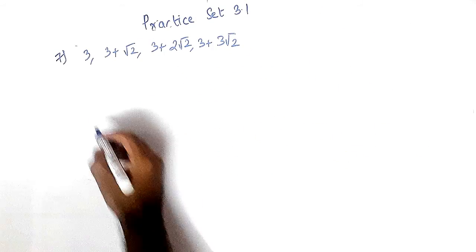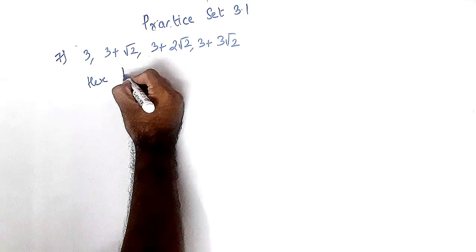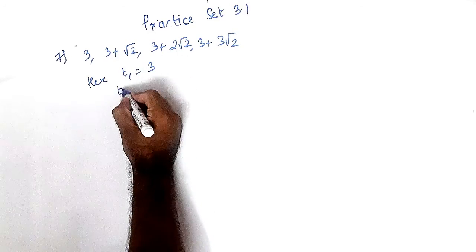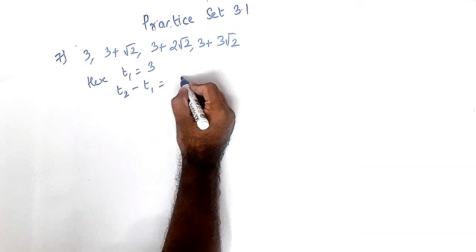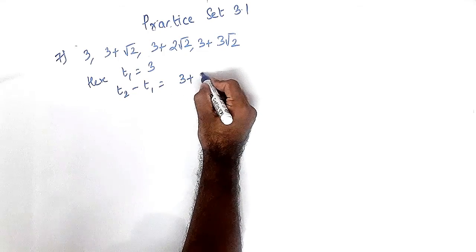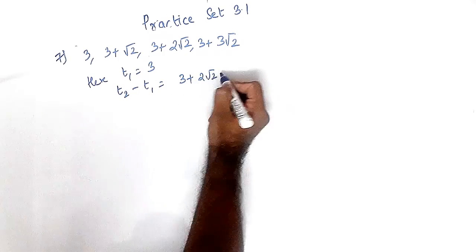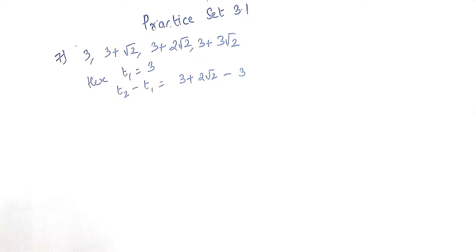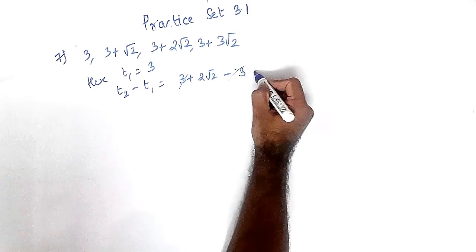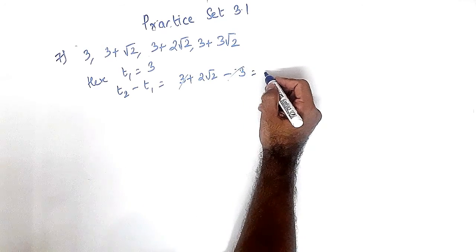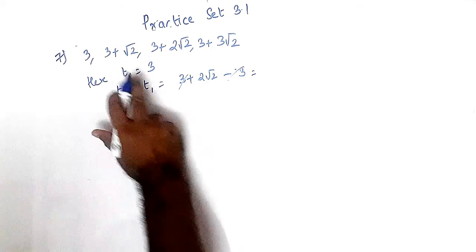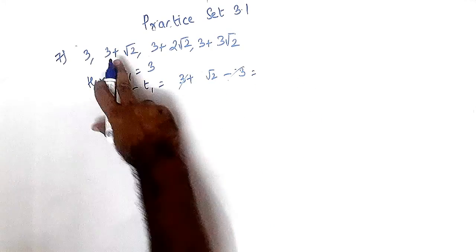Here if you see here, T1 is 3, T2 minus T1 is 3 plus 2 root 2 minus 3. Okay, so 3 plus 2 root 2 minus 3 will be, beg your pardon, this is 3 plus root 2, not 2 root 2.